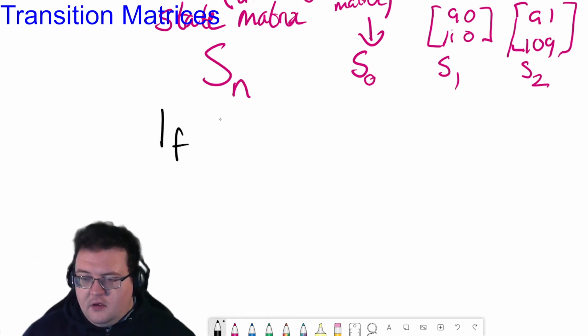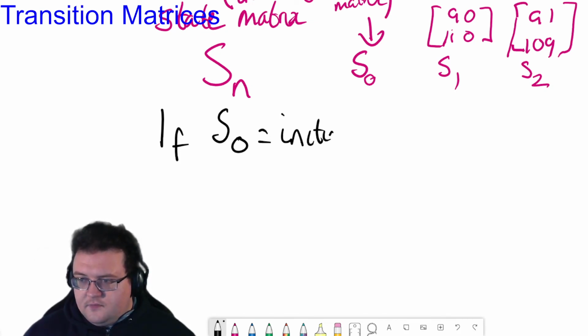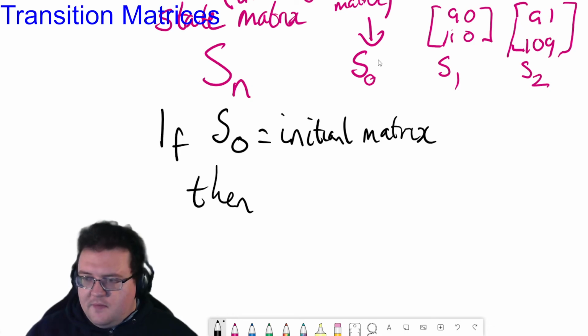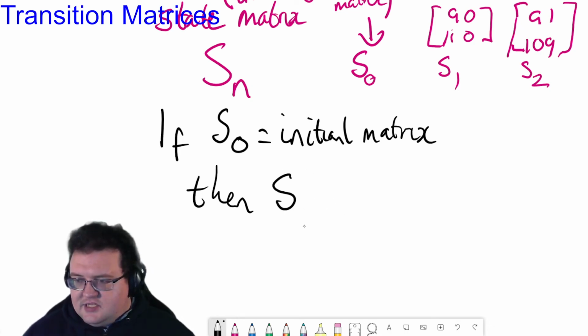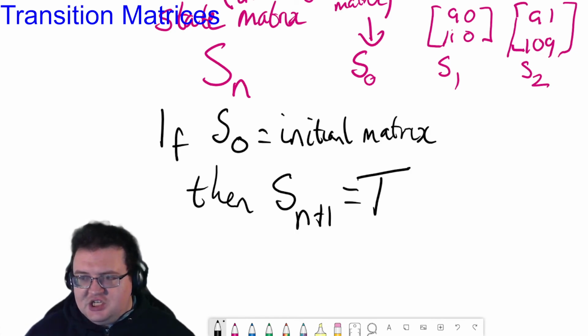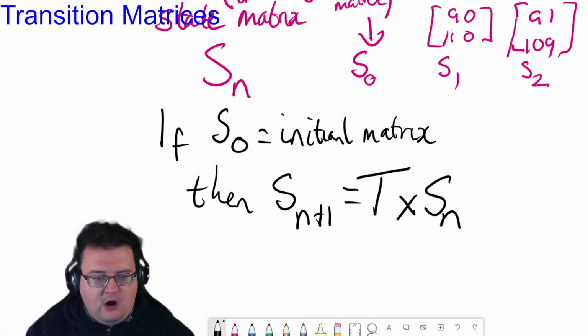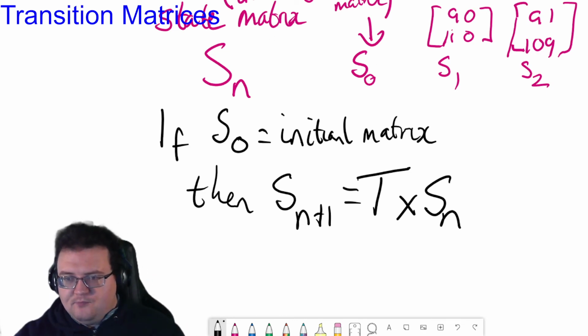If S0 equals the initial matrix, then S of n plus 1 is equal to the transition matrix times the current state matrix.